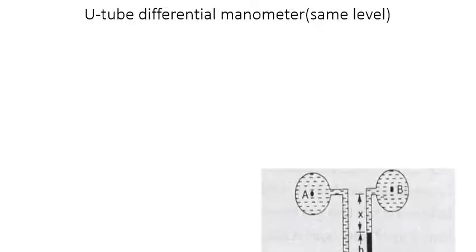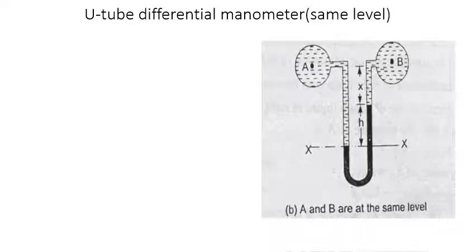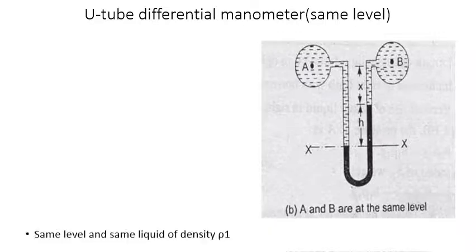Now the U-tube differential manometer connected at the same level. In the previous type the pipes were placed at different levels, but in this case the pipes are placed at the same level, and the U-tube manometer is connected between the two pipes A and B. What is the pressure difference between these two pipes?